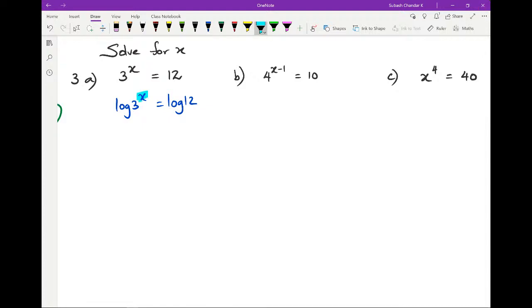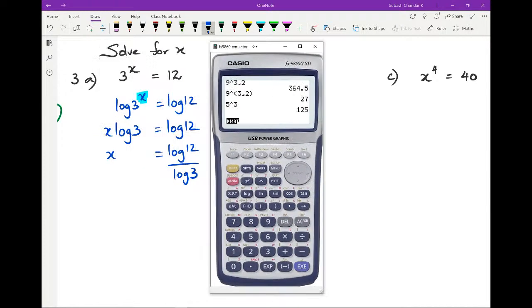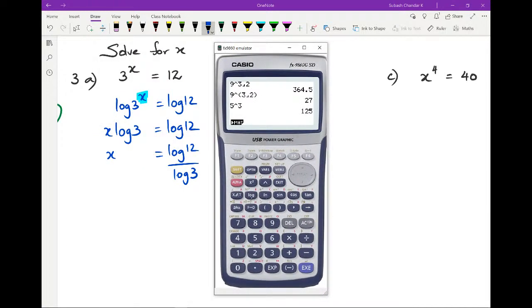We just learned that we can bring x to the front. So x is equal to log 12 over log 3. So go to your calculator and just type in log 12 divided by log 3, which is going to give you 2.26.